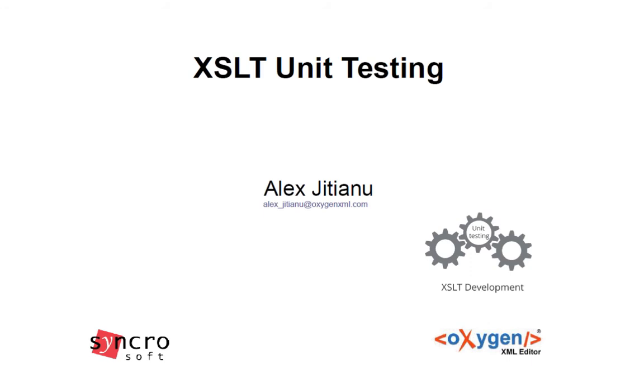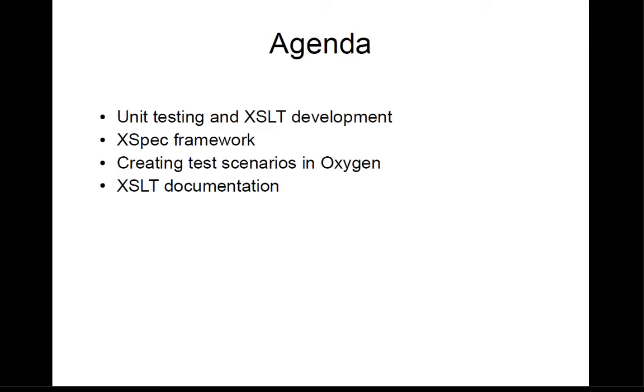So in the next minutes, we'll see what a unit test is and how it can help you in XSLT development. So today's agenda, like I said, we'll present what a unit test is, how to use it in XSLT development. Afterwards, we'll talk a bit about the XSpec framework, which is a unit testing framework for XSLT.